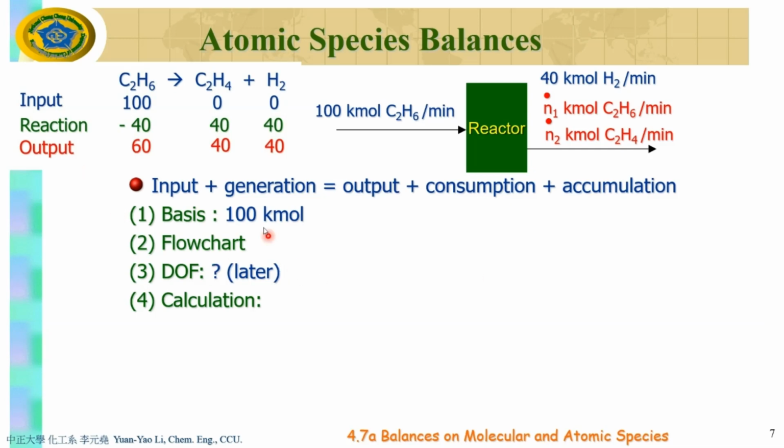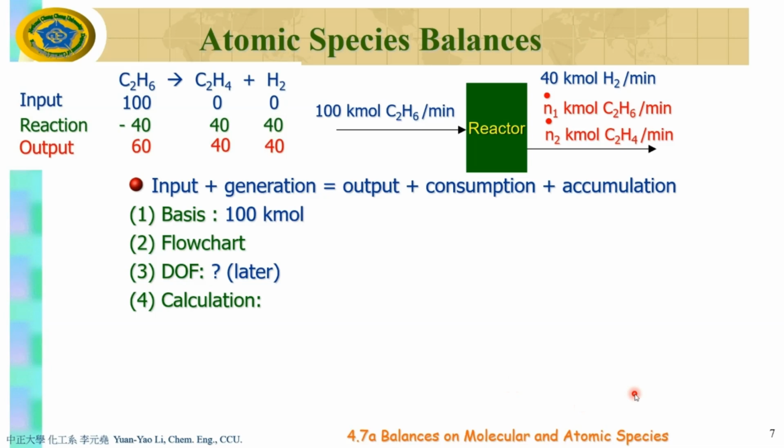Again, let's write down input plus generation equals output plus consumption plus accumulation. As we know, the basis is 100. The flowchart you already did. DOF later. How do we do the calculation?